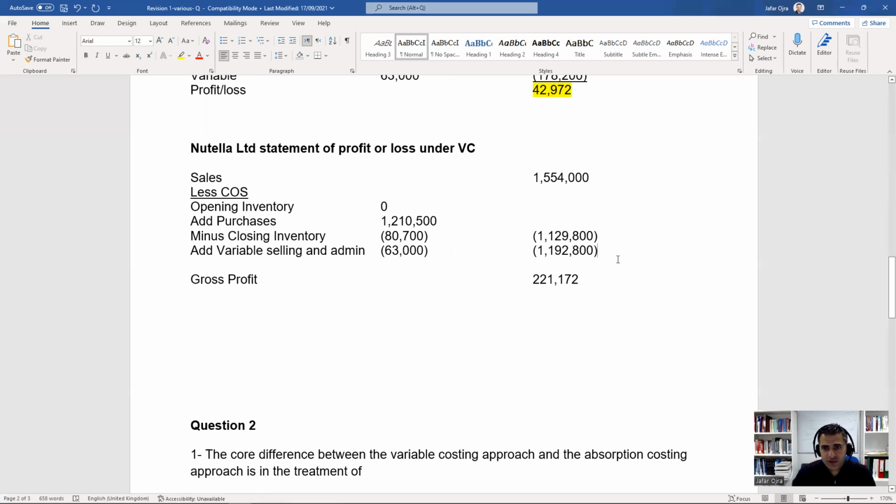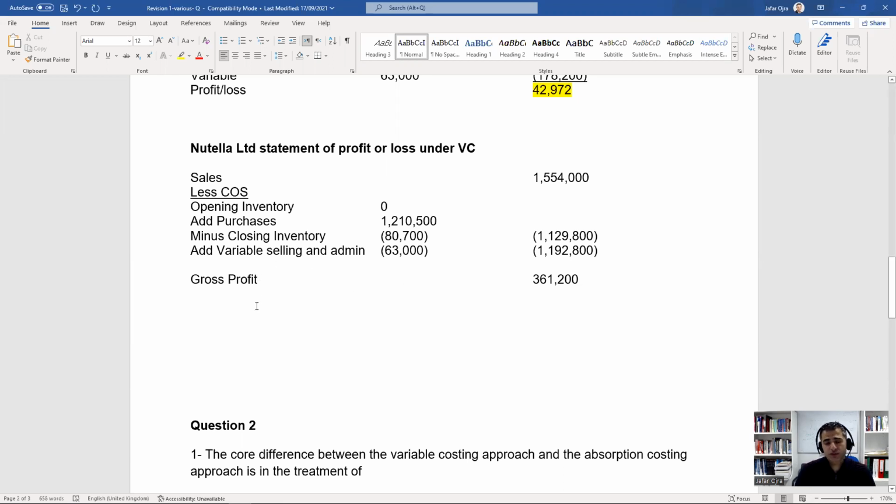So if you take away the 1,192,800 from 1,554,000, that gives you a gross profit of 361,200 pound, and that is the gross profit under the marginal costing.